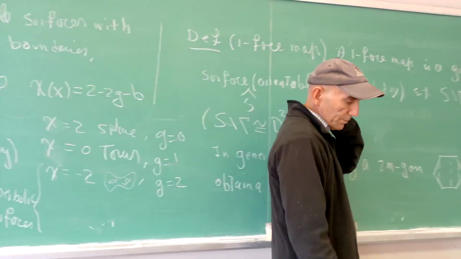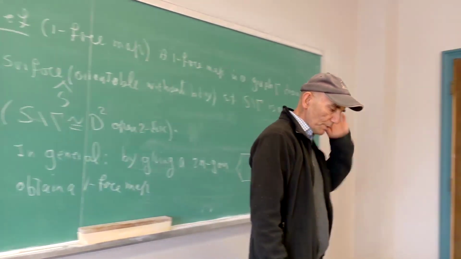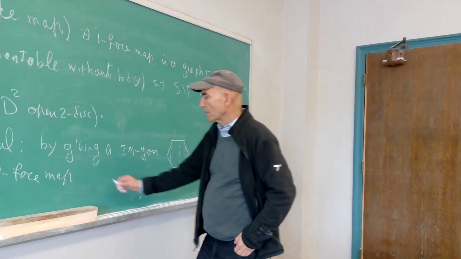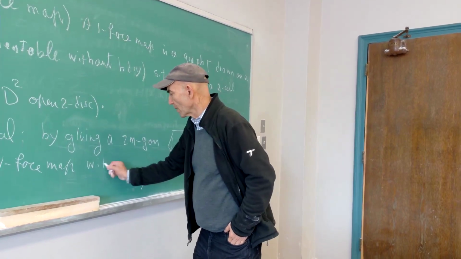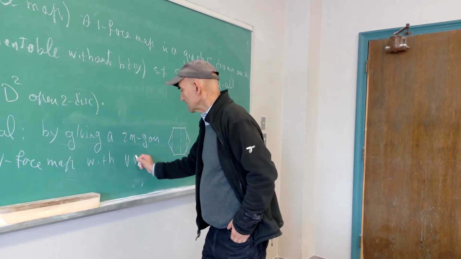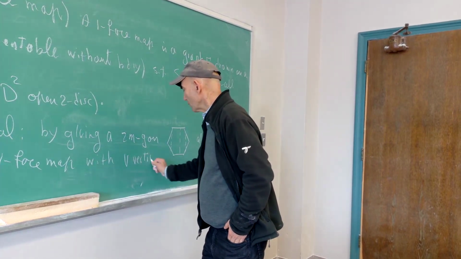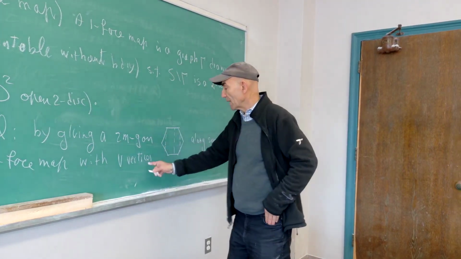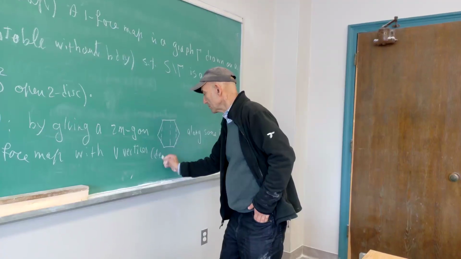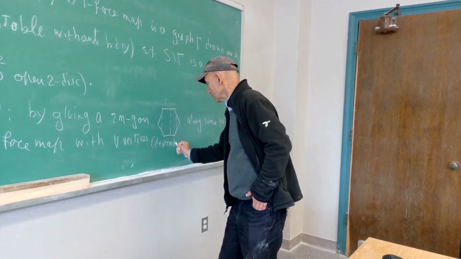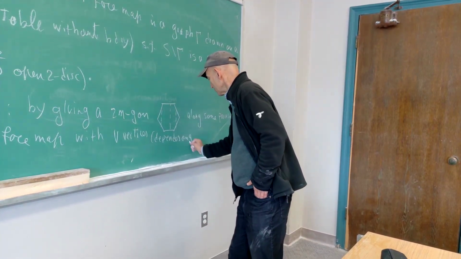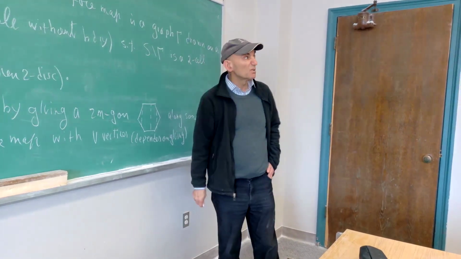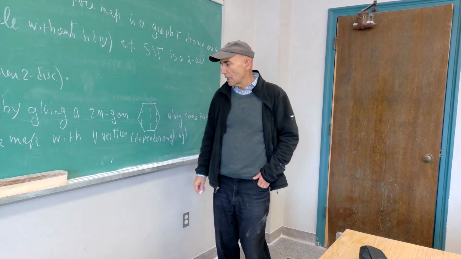And this one-phase map is basically completely determined except for the number of vertices V, which depends on what we want. I mean, it depends on how we glue. So it depends on gluing.